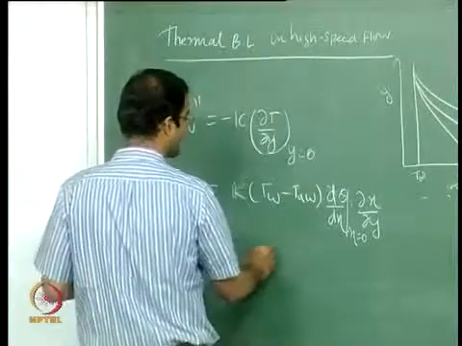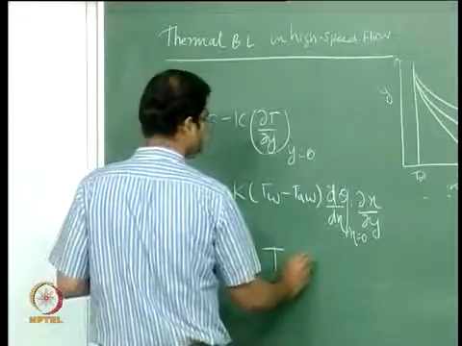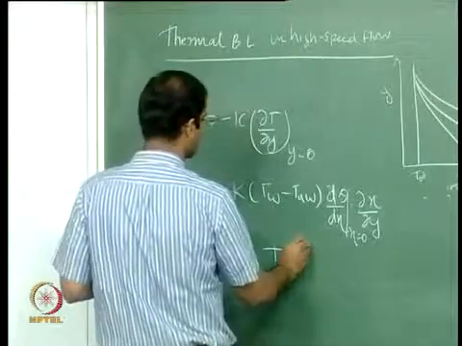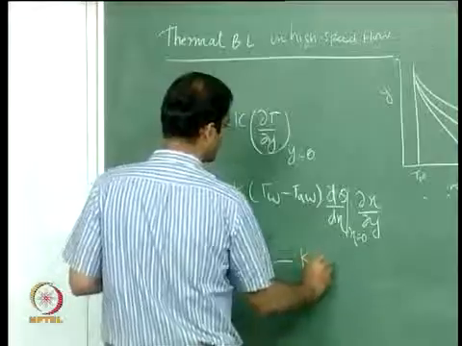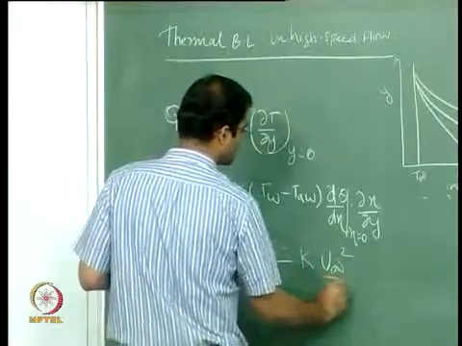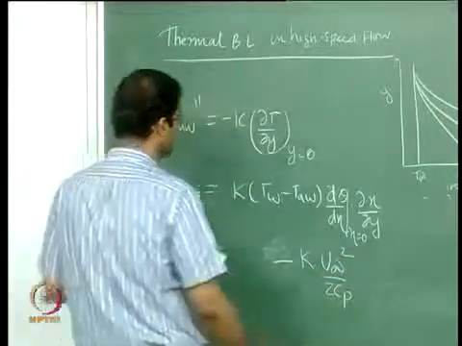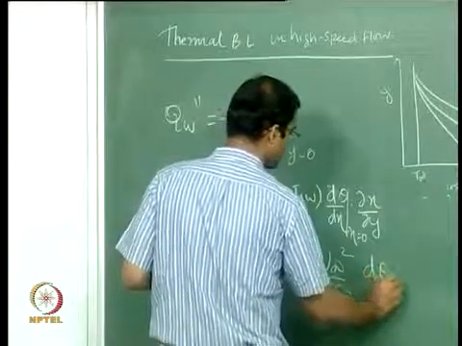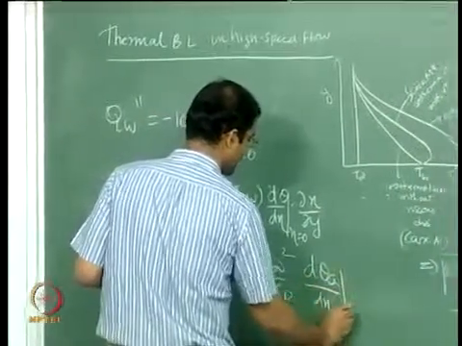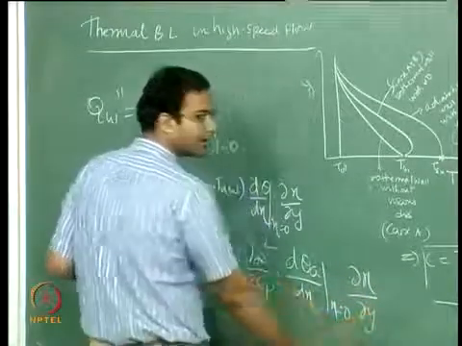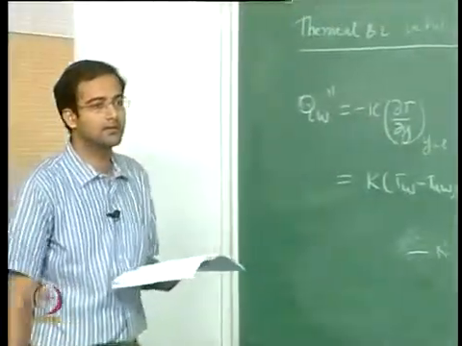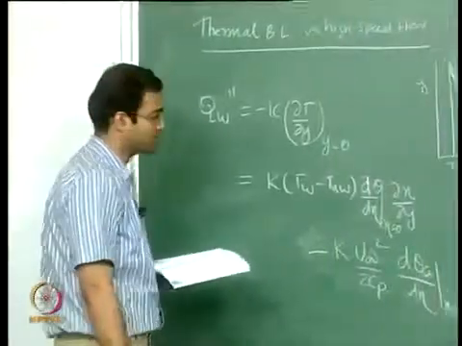Plus you have U infinity square plus k into, there will be a minus here, U infinity square by 2 Cp into d theta a by d eta at eta equal to 0 into d eta by dy, right. So this is coming from the general solution.